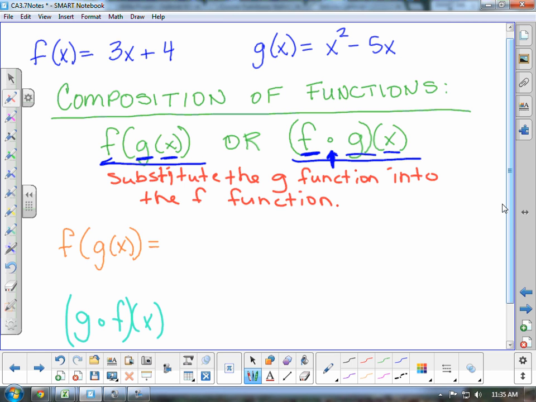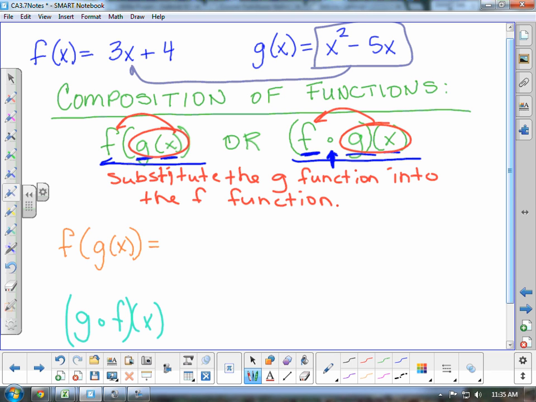In this case, if these were some other variables, you just take this function and it gets substituted into that one. And here you would take that and substitute it into that function. So if we were trying to find f composition g of x, we would take this and bring it over here and substitute it in for x. So you would get 3 times x squared minus 5x and then plus 4.